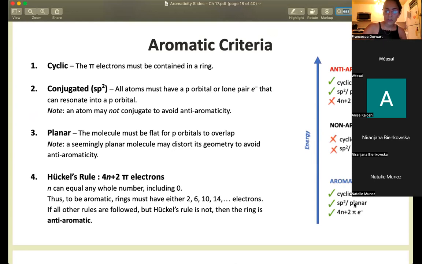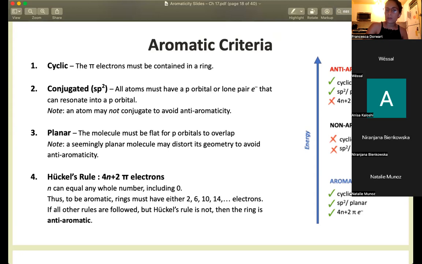Sometimes these go together, but as we have found out, not all sp2 hybridized molecules are perfectly flat because they can distort themselves, and sometimes that's for the sake of escaping anti-aromaticity. Because anti-aromaticity is a very unstable, high energy configuration for the orbitals, in which some of the non-bonding and anti-bonding orbitals are filled with electrons because we have the wrong number of Huckel's electrons in the pi system.